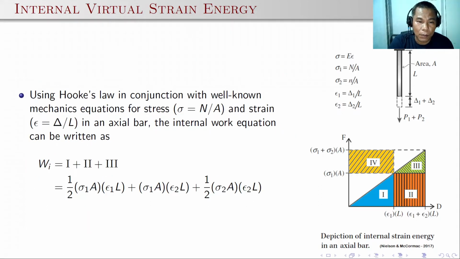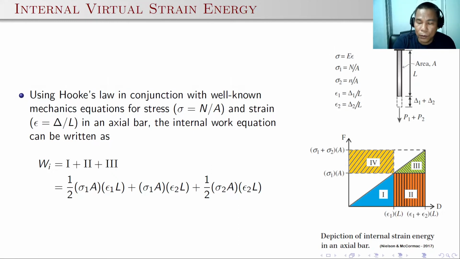Using Hooke's law in conjunction with the well-known mechanics equations for stress, that is sigma equals N over A, and strain, that is epsilon equals delta over L in an axial bar, the internal work equation can be written as W sub I equals region 1 plus region 2 plus region 3.